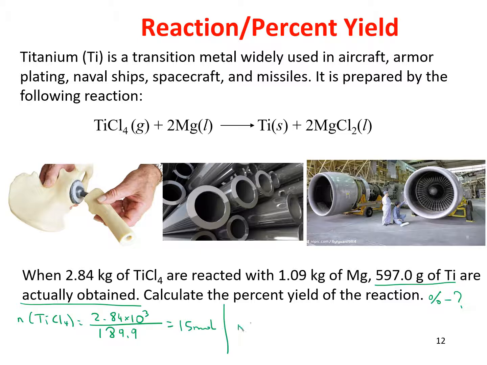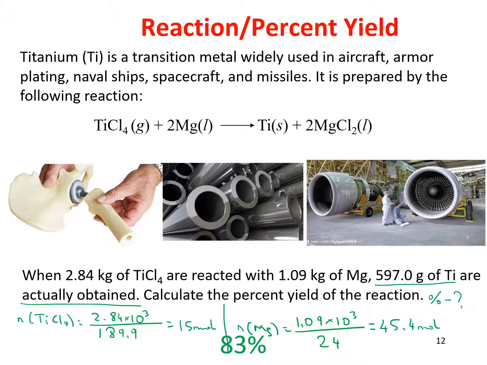Now, the moles of the magnesium is going to be 1.09 times 10 to the third divided by 24. So this gives me 45.4 moles.